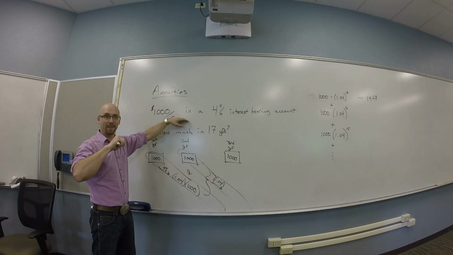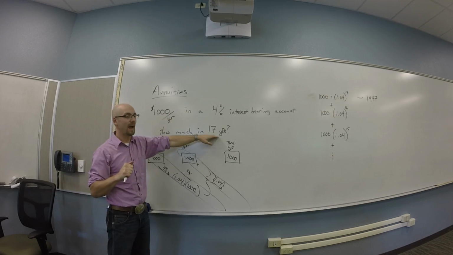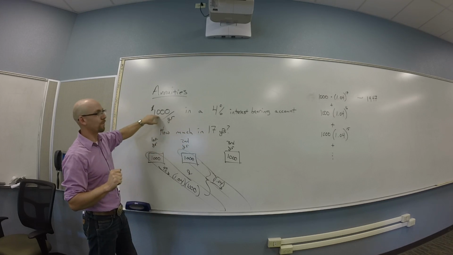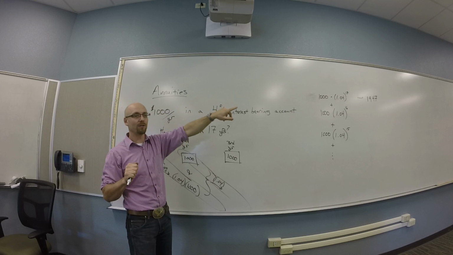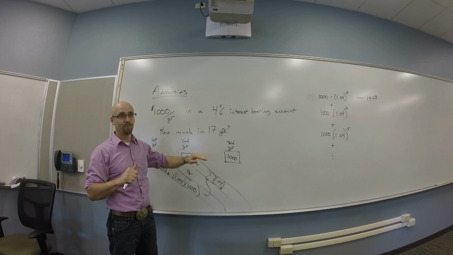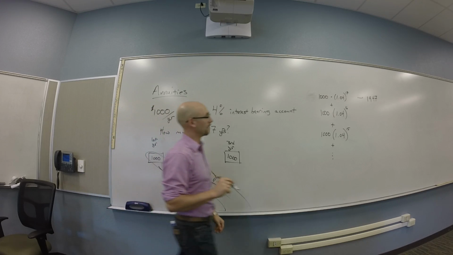I don't know what it means by how much in 17 years. So I'm going to assume that the first payment went in and then got compounded 17 times, and then I'm going to assume 17 payments.